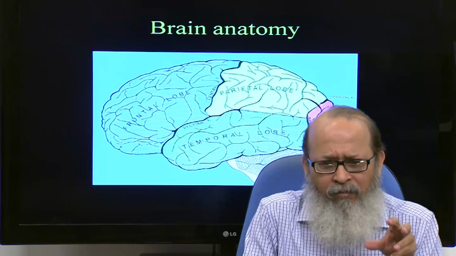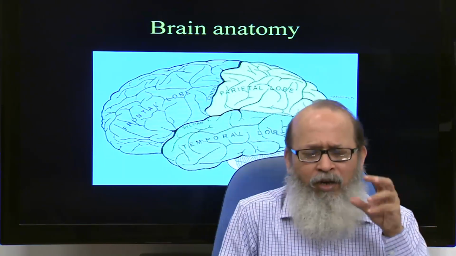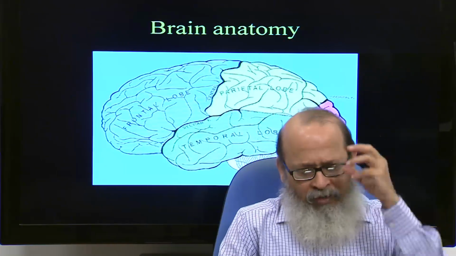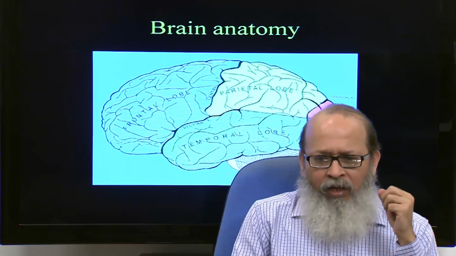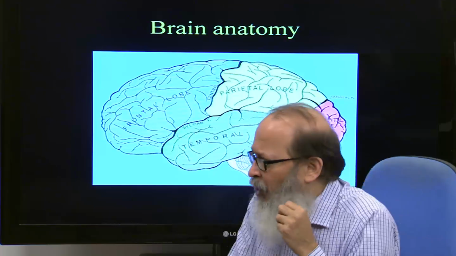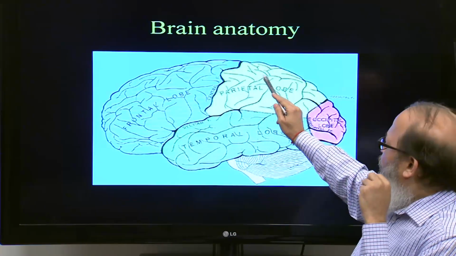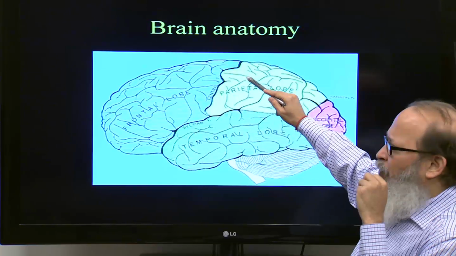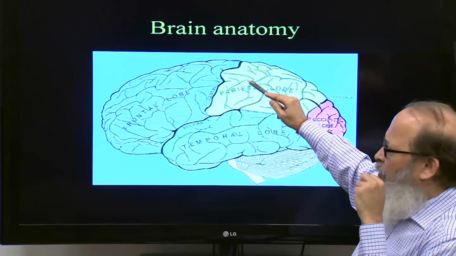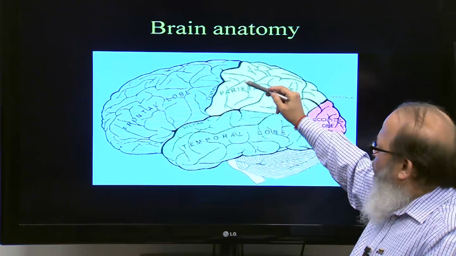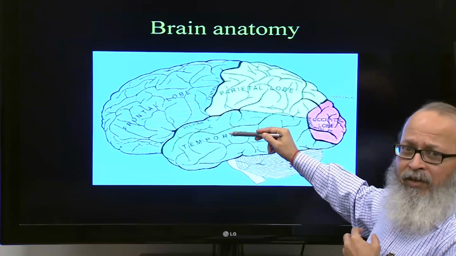If you look at the brain anatomy, and if I broadly tell you the functions, starting from the top, this structure called parietal lobe. This is where all the sensations of the body go. Now, it has a representation, various parts of the body are represented from the top.